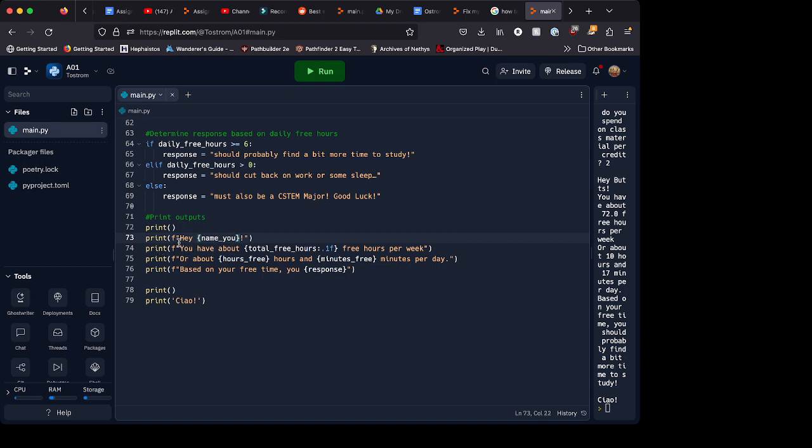The total free hours just to one decimal point, because no one really cares if you have 12.375 free hours per week.